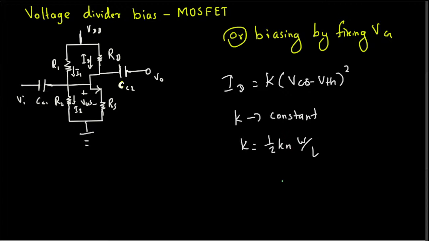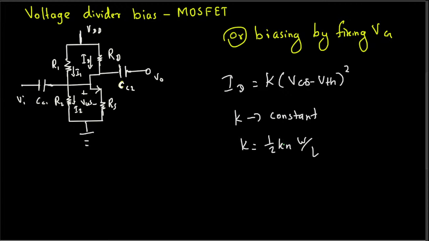Sometimes you see half Kn with no prime, and then Kn is equal to Kn prime W over L. So various arrangements; if you just remember this, that's the thing.